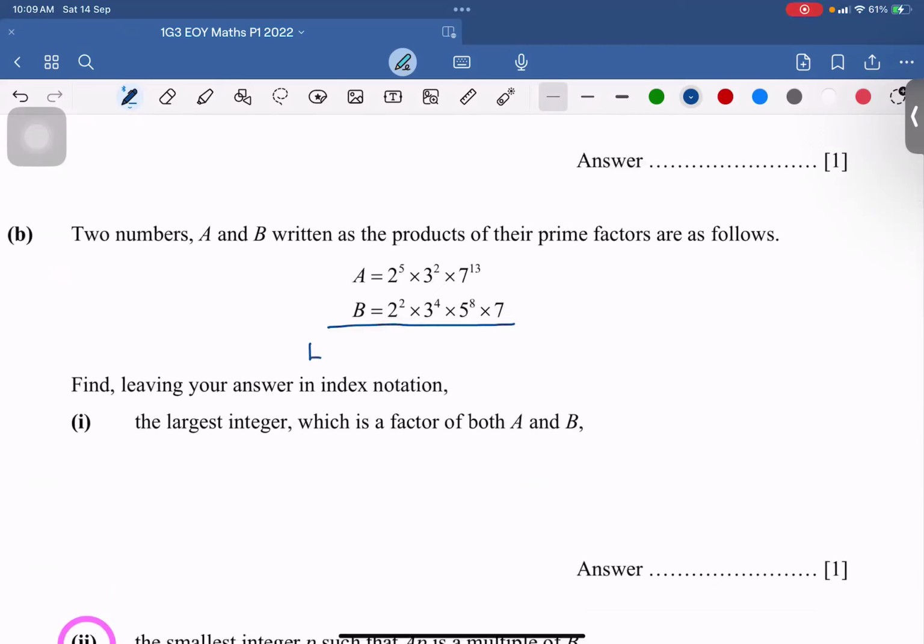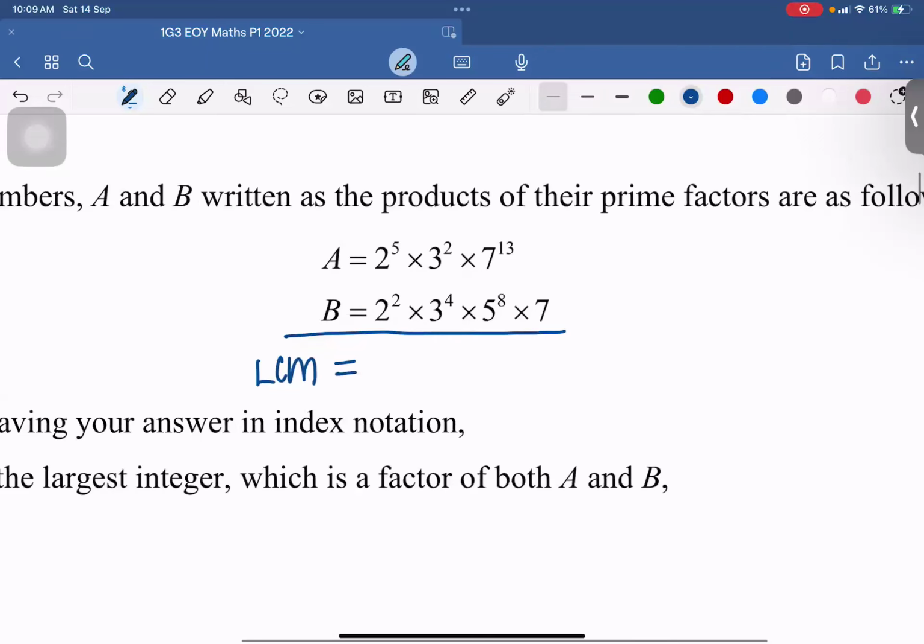When we choose the LCM, do I need to choose the highest or lowest power? How to get the LCM? Okay, nobody answered my question. Yes, Farha. All of the numbers, but those common numbers must take the highest power.